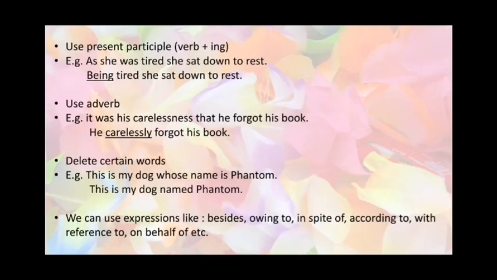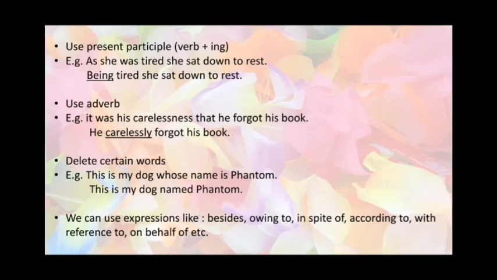Next is use present participle, that is verb plus ing. For example, as she was tired, she sat down to rest. So you have to use something that is in the present participle.